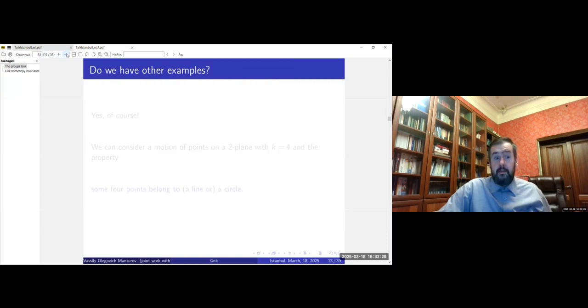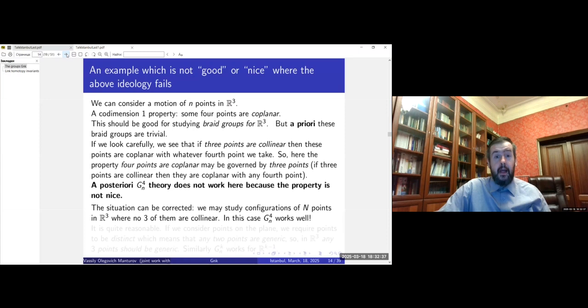Do we have other examples besides GN3 and GN4? Of course, we have GN4, and do we have examples which are not good or nice? So you may ask what is not nice and what does it mean a property is not governed by k points.